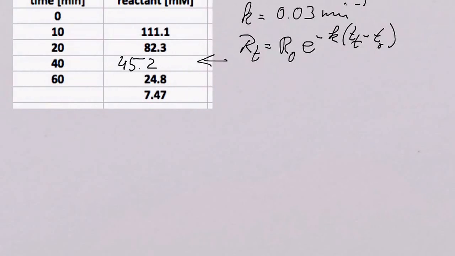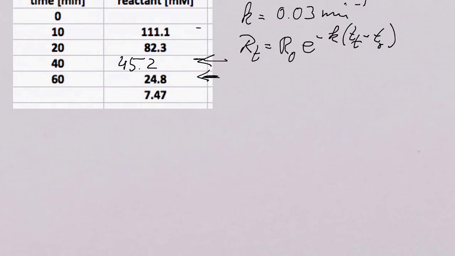You say, right, how will I treat this here, this one? I can treat it in two ways. I can treat it as an R0 and treat this then as my RT. That's one way of doing it.